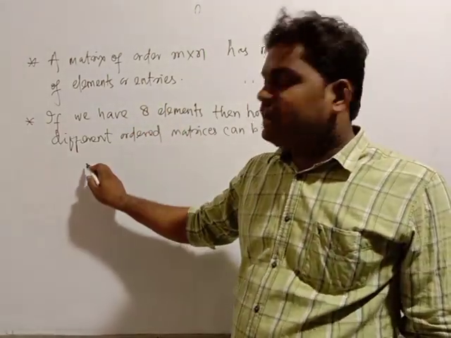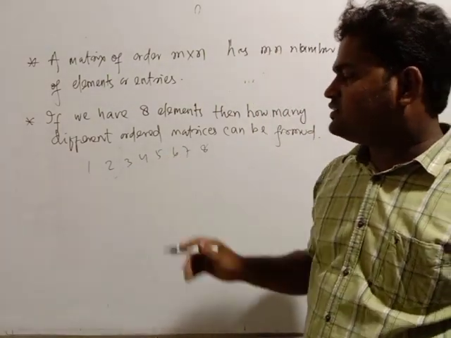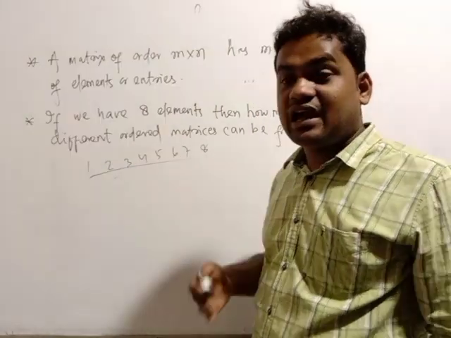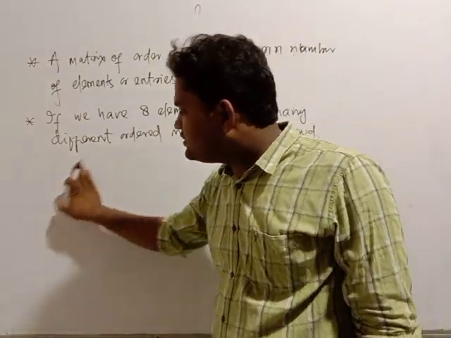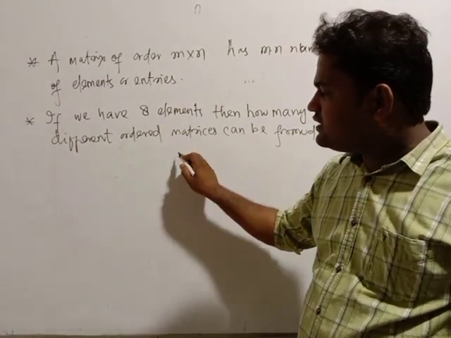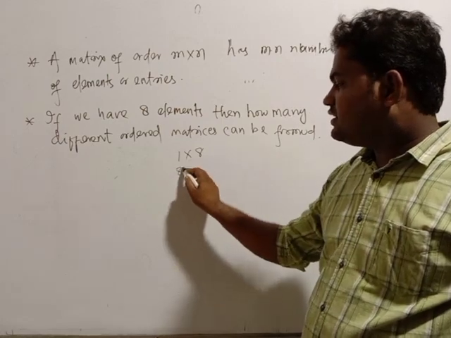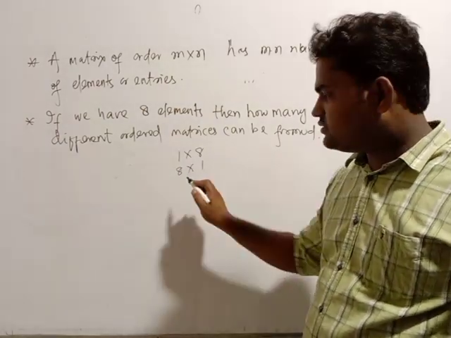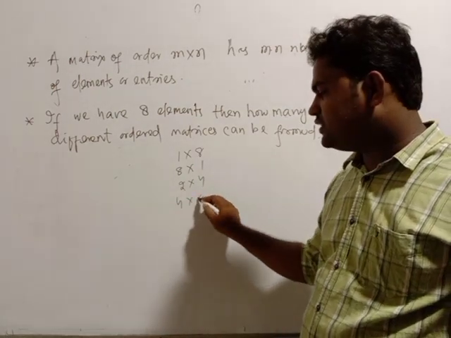Simply we have 8 elements, 1, 2, 3, 4, 5, 6, 7, 8. And how many different ordered matrices can we form by using these 8 elements? So simply we can make a matrix of order 1 by 8 and 8 by 1, or simply 2 by 4 and 4 by 2.